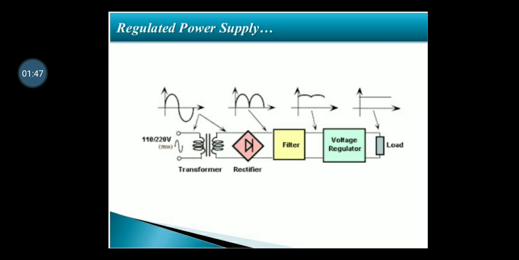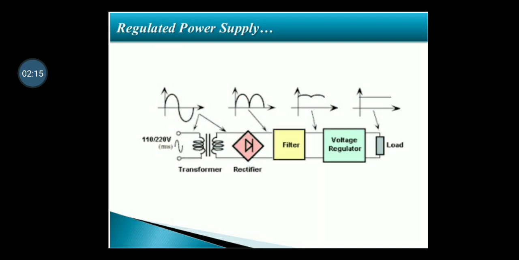So here is the regulated power supply. Here we use a transformer, rectifier, filter, voltage regulator and the load. Here we can clearly understand the purpose that a voltage regulator serves. A transformer steps up 110 volt into 220 volt, and then it is rectified, from AC to DC.